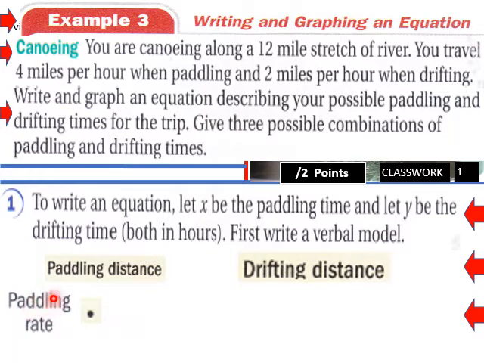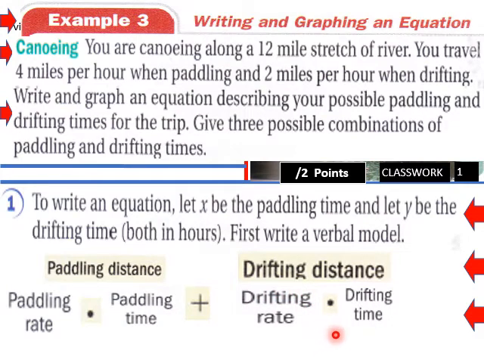So we have paddling rate times paddling time, plus drifting rate times drifting time. That will give us our equation, which will equal total distance.